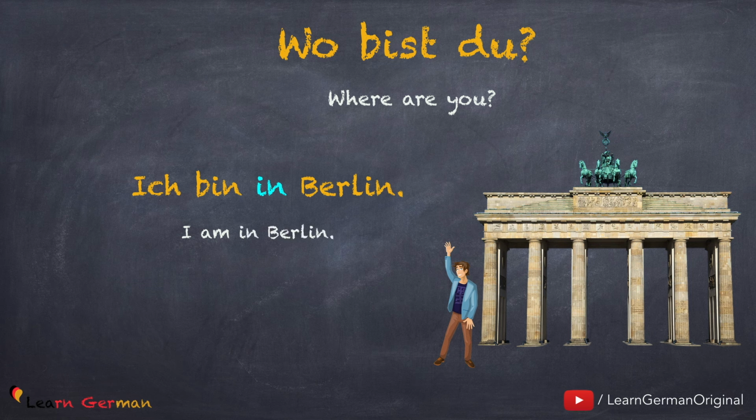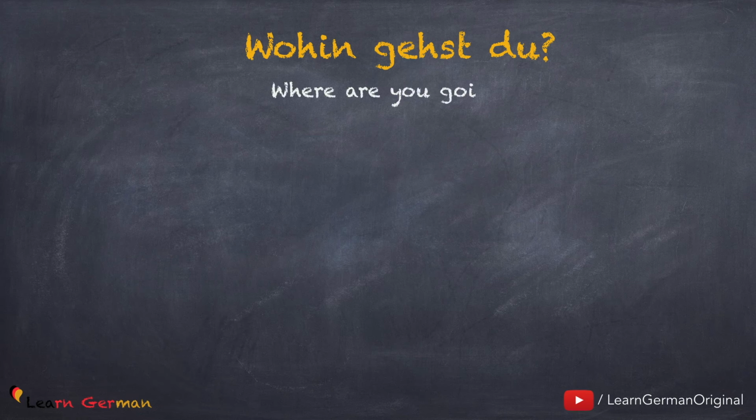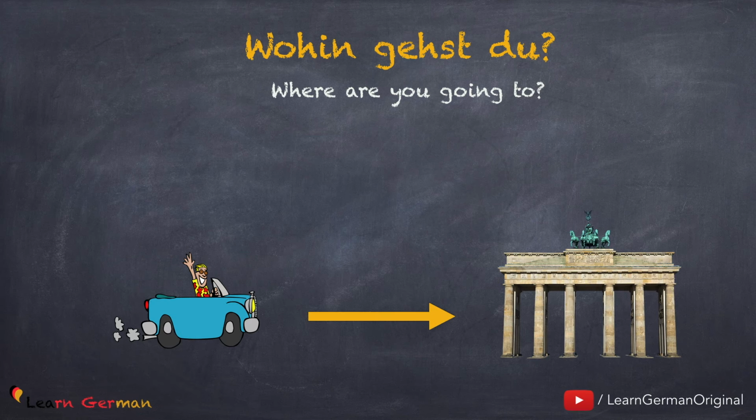So whenever you are using a city and the question is wo, you would say in Berlin, in New York, etc. When the question changes to Wohin gehst du, you should remember that we are talking of an action, movement from one place to the other.